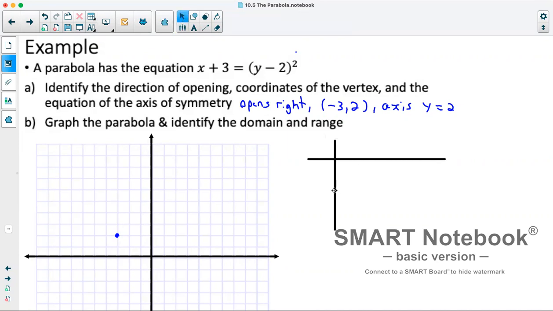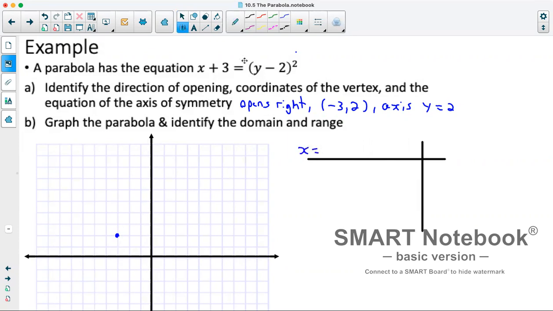In this case, because x doesn't have an exponent to it, we'll actually solve for the x value. So essentially, rearranging this equation, we get x equals (y minus 2) squared minus 3, and here we've got our y's.